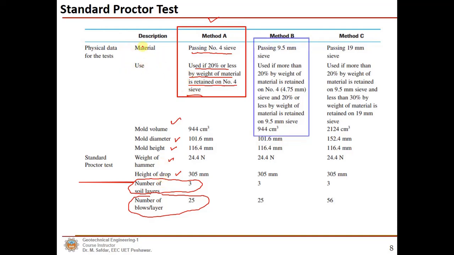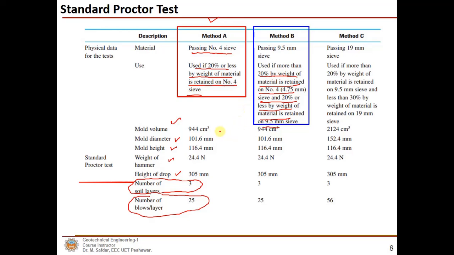Now, method B is used if more than 20% by weight of material is retained on sieve number 4 and 20% or less by weight of material is retained on the 9.5 millimeter sieve.